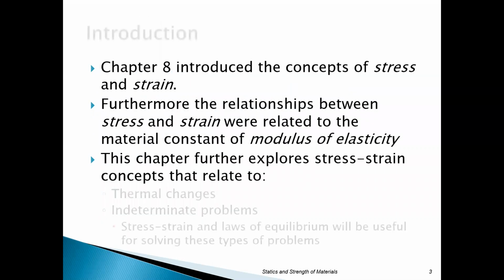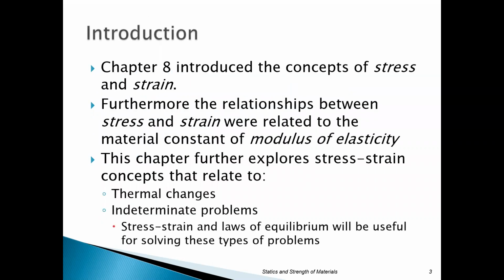Okay. So in Chapter 8, we introduced the concepts of stress and strain. Hopefully you have those pretty well down, that you can pretty much define stress generally as force divided by cross-sectional area, and strain as deformation divided by original length. Those are very important. Hopefully you've memorized those. And then furthermore, we developed relationships between stress and strain where we related that to a material. That's where you start to bring the material aspect into it.